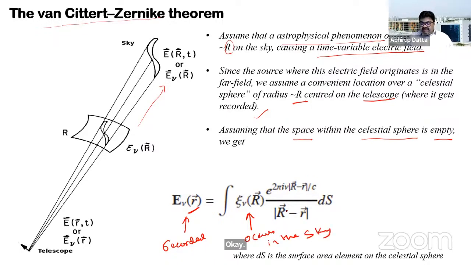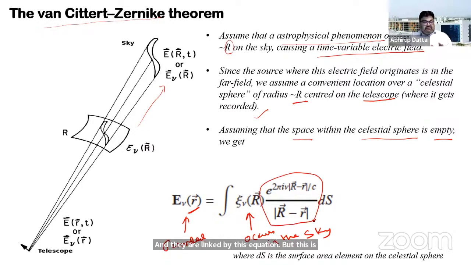They are linked by this equation, where this is nothing but a propagator. Don't worry about it too much. This is how the far away electric field transforms into the electric field which is measured. We have done something similar earlier. Where did we do that?